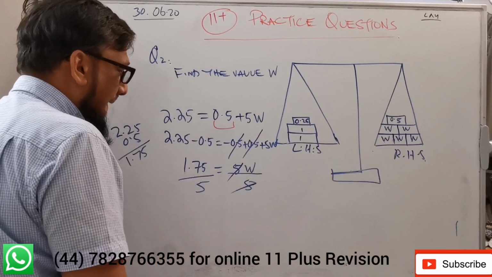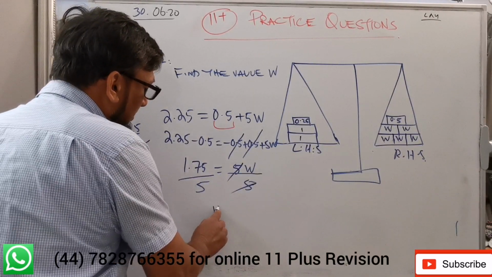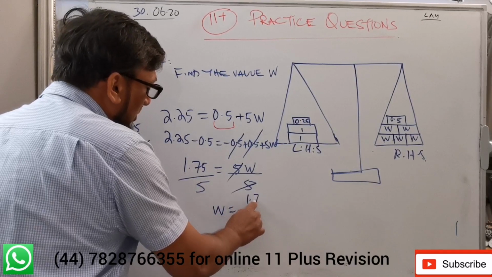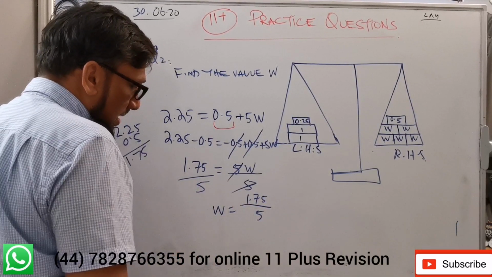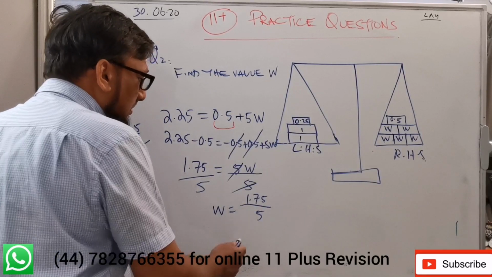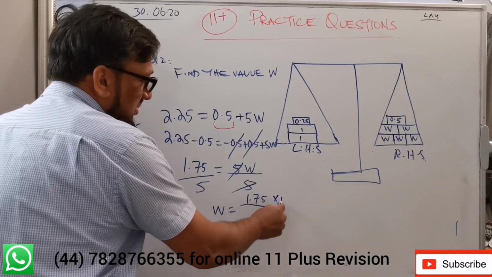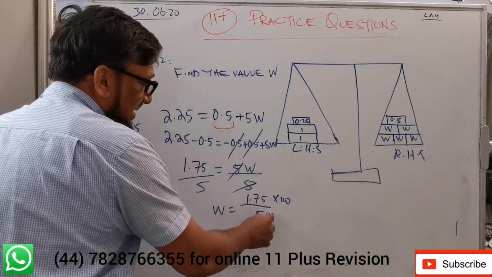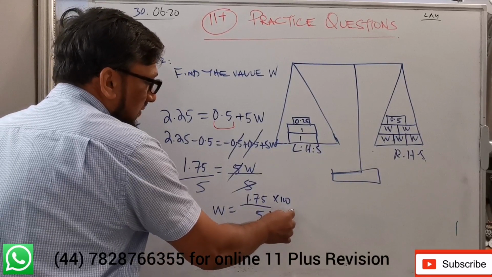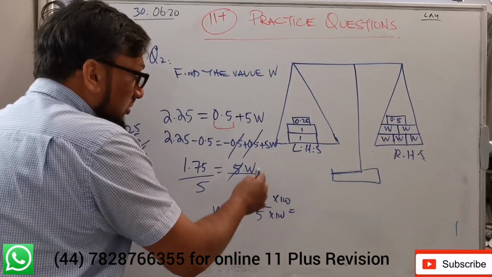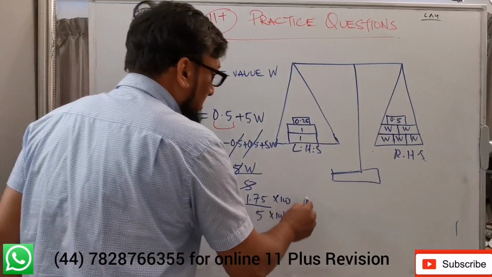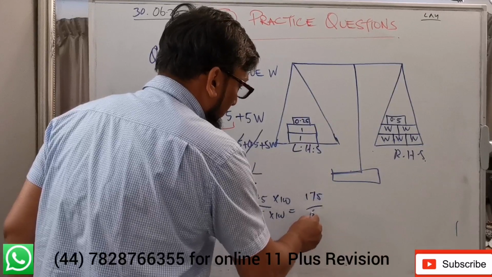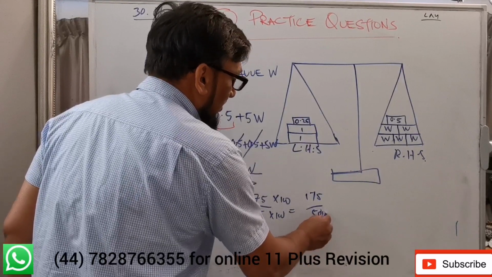And now I can write W equal to 1.75 divided by 5. And I can times by 100 to cancel the decimal. If I'm doing 100 with the numerator, I need to do it with the denominator as well, which is 175 divided by 500.